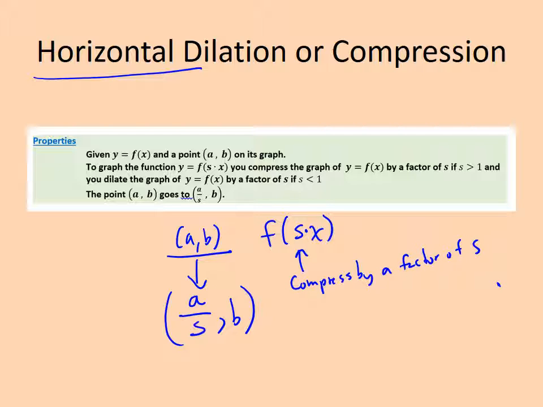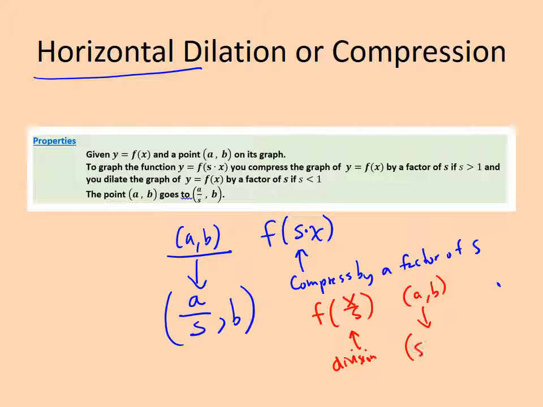By that same token, if inside you have f of x divided by s, so inside you have division, when you perform that operation to the point, because it's on the inside, you're going to do the exact opposite.